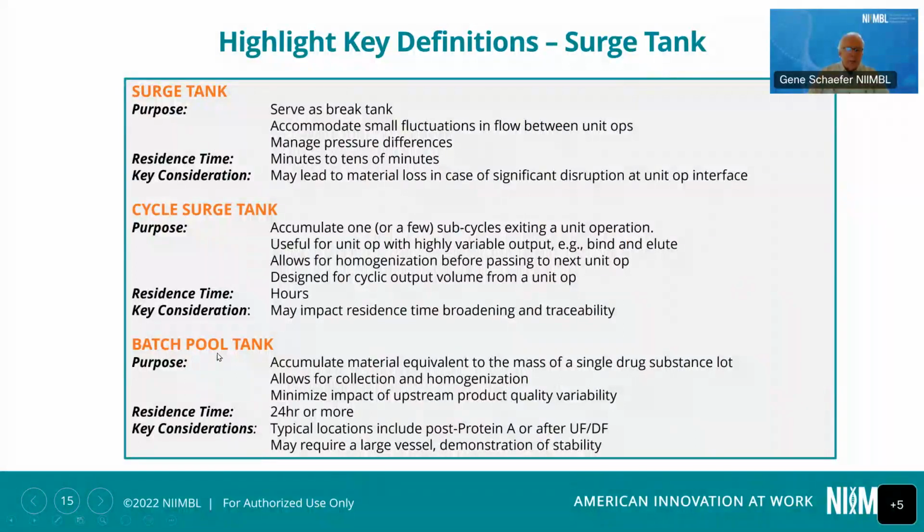And finally, there's a batch pool tank, if it's used, where you're accumulating material equivalent to the mass of a single drug substance lot. And that residence time could be 24 hours or more. And it would obviously require a larger vessel and probably some demonstration of stability over the length of hold in that tank.